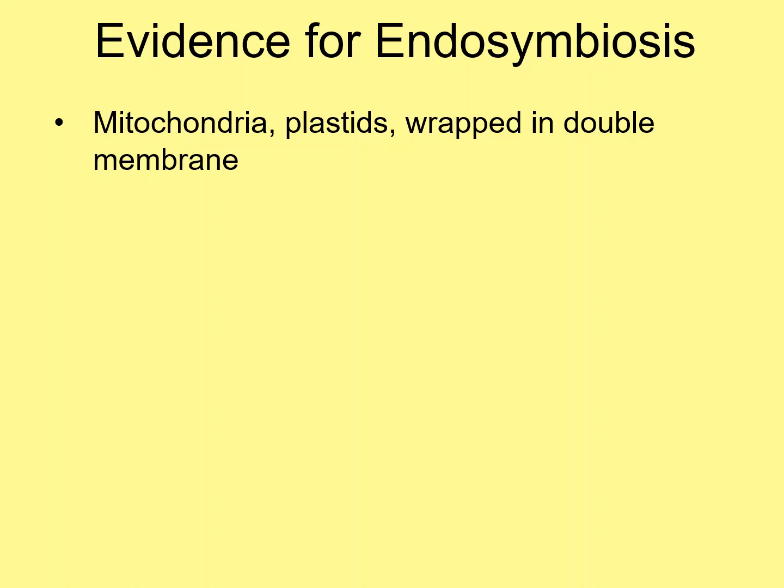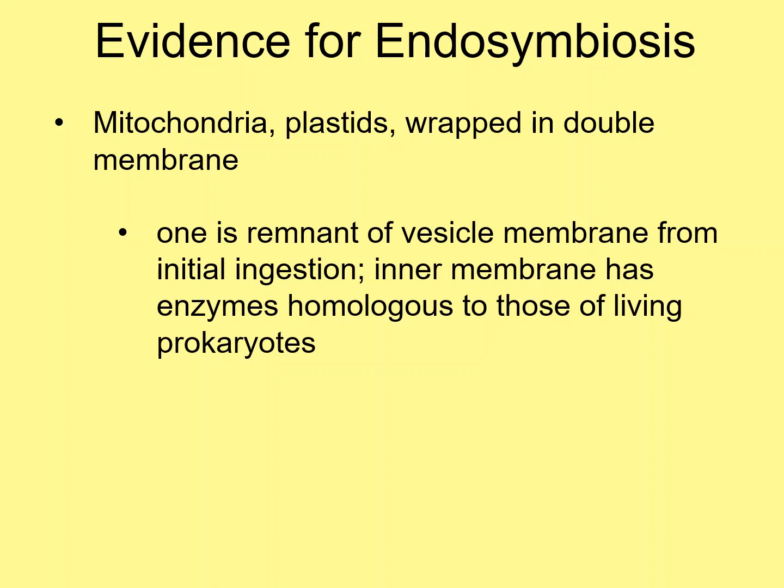So evidence to support this. Some of the biggest pieces of evidence, of course, are the fact that both mitochondria and chloroplasts are wrapped in two membranes. The inner membrane is homologous with a prokaryotic membrane. It has prokaryote proteins embedded within it.